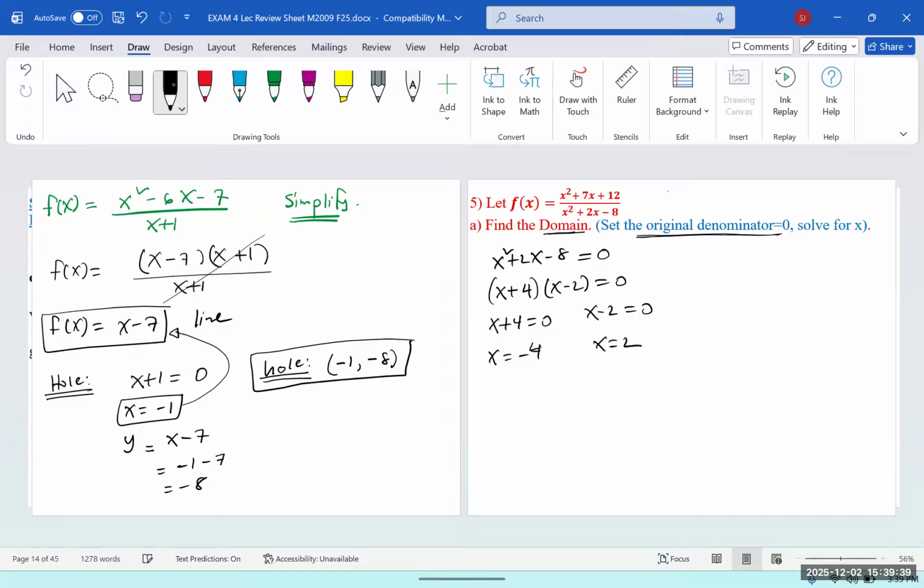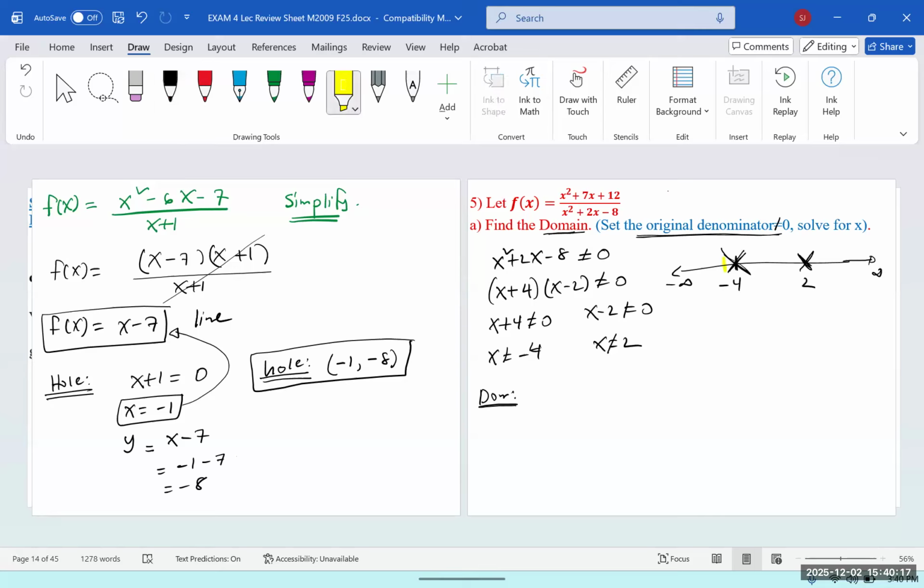Now you need to omit those from the number line. So domain is everything else besides these two. Actually, it should be not equal to 0 because denominator cannot be 0. So x can be everything else, but it cannot be -4 and +2. So -infinity to +infinity, you can take any number to replace x with, but you cannot take -4 and you cannot take +2.